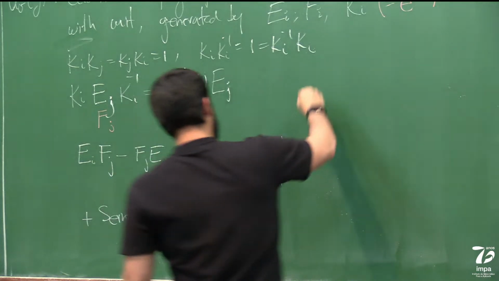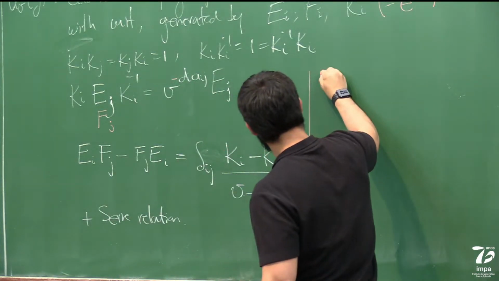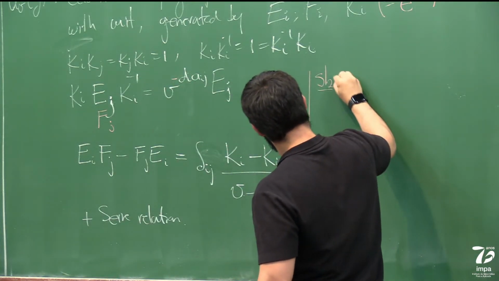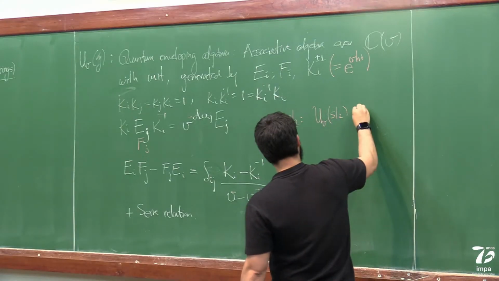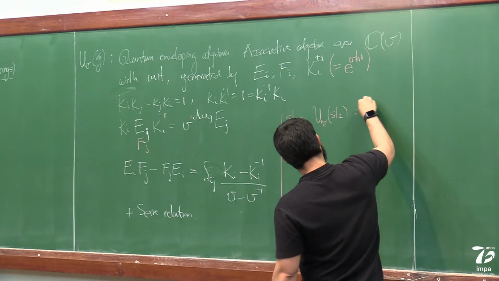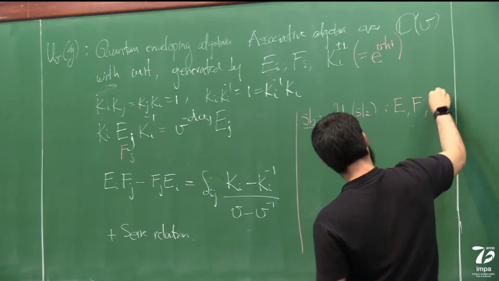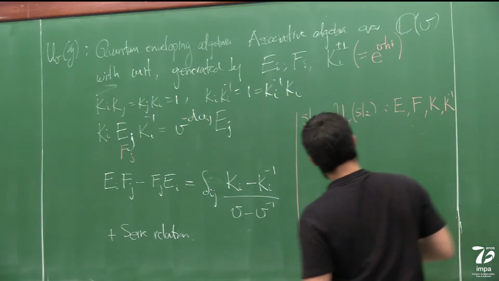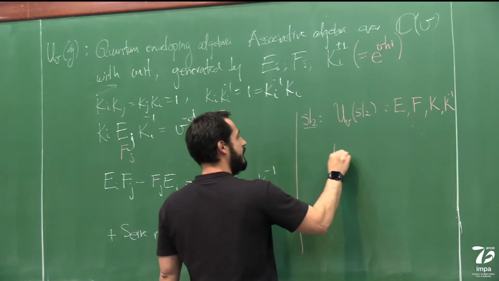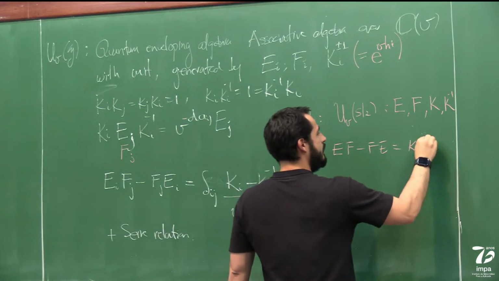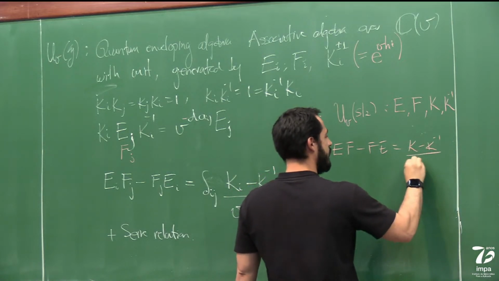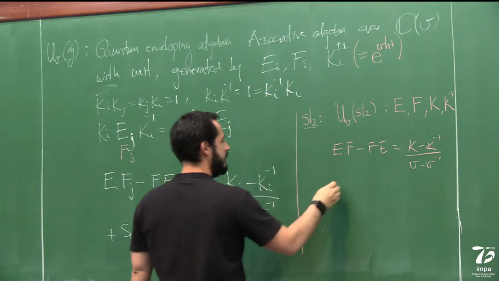In a specific situation, for example, for SL2, this quantum enveloping algebra is generated by operators E, F, K, K inverse, and it satisfies that EF minus FE is equal to K minus K inverse over B minus B inverse.